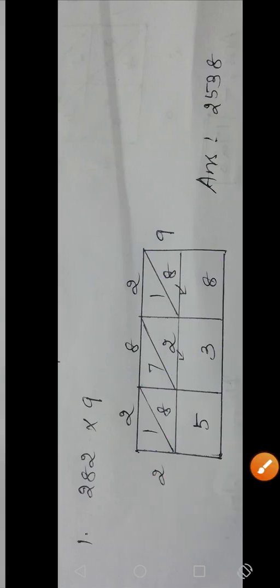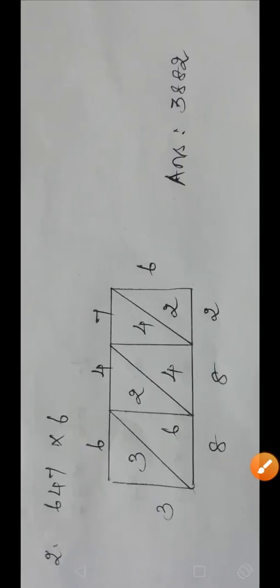Okay, one more question. 647 into 6. Now you see, students, the multiplicand is a 3-digit number and the multiplier is a one-digit number. So how many rows and columns are needed? Exactly, 3 columns and 1 row.